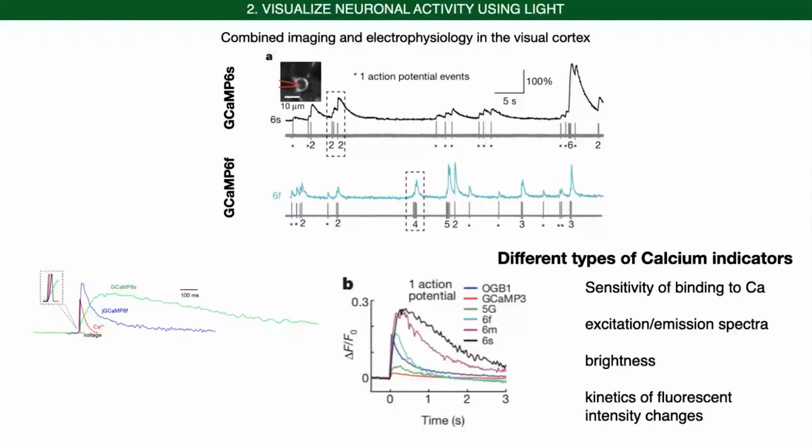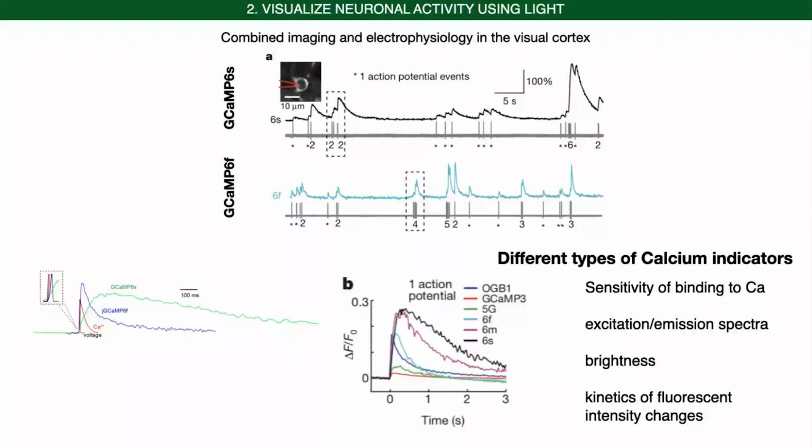And in the black line, you have the calcium imaging, so the change in fluorescence, and you can clearly see that there is a difference between the two. But just by computing this information, you can understand how many action potentials every single cell had.